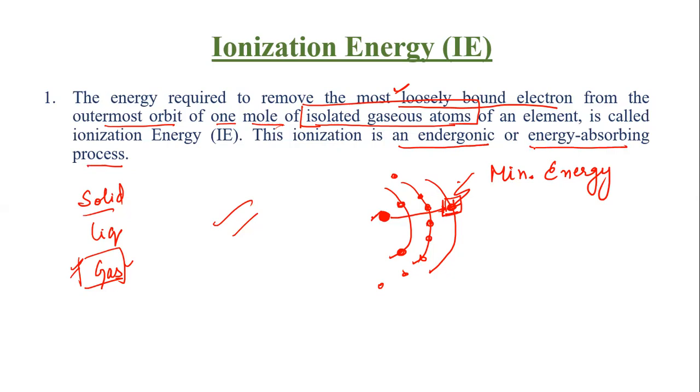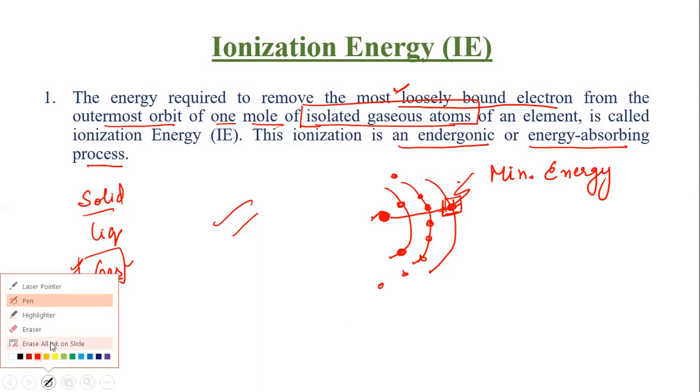Why is it an energy absorbing process? Because we are giving this energy, and it has been absorbed by the atom. Clear? Any doubt? Yeah, now I understand. Okay, that's great.